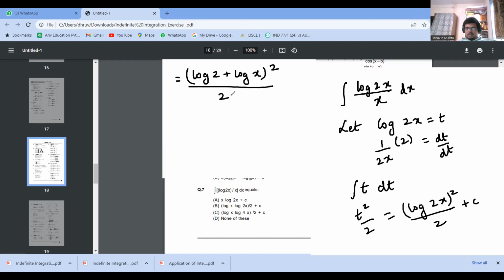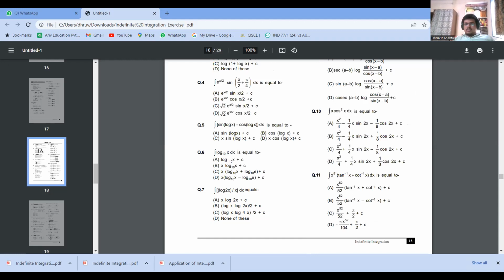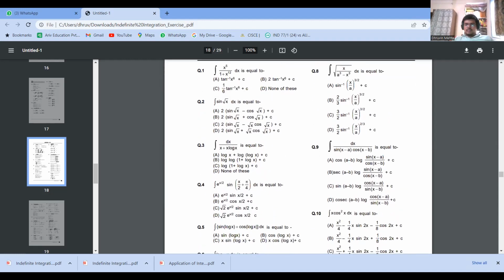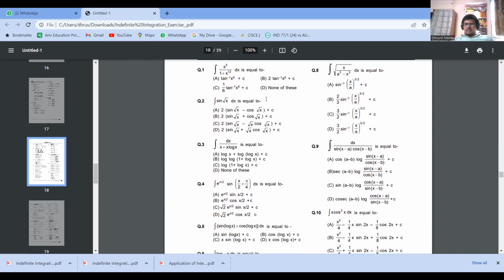This has to be log 2x. इसका तो और कुछ कर नहीं सकते. ठीक है, चेक करो मुस्कान. Just see if you can find the answer from somewhere. उसका तो और कोई ऑप्शन दिख नहीं रहा.